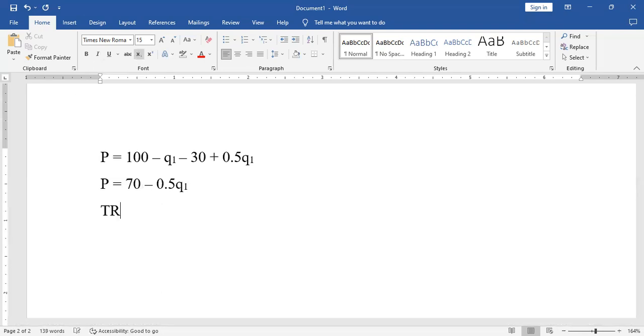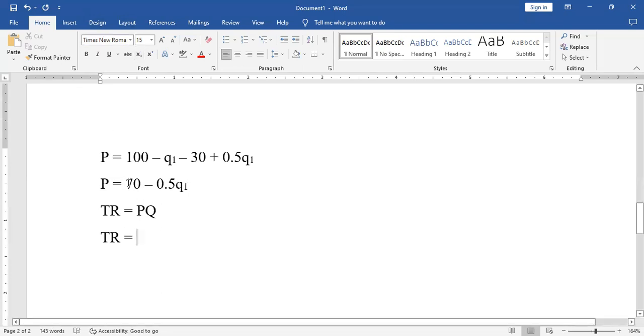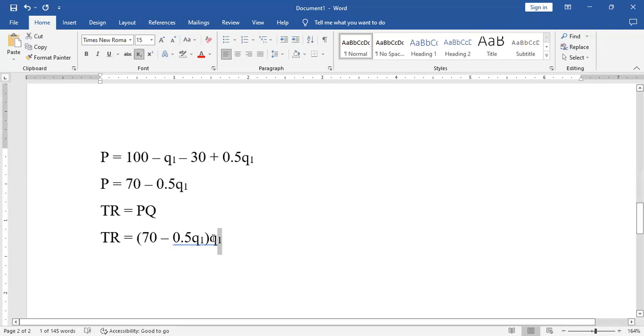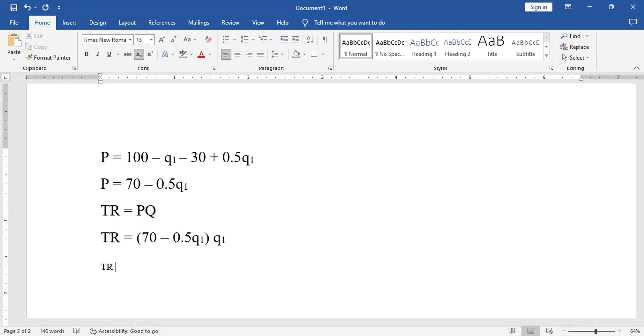TR is PQ, price multiplied by quantity, and then total revenue now will be this multiplied by Q1. So now we have the total revenue here.